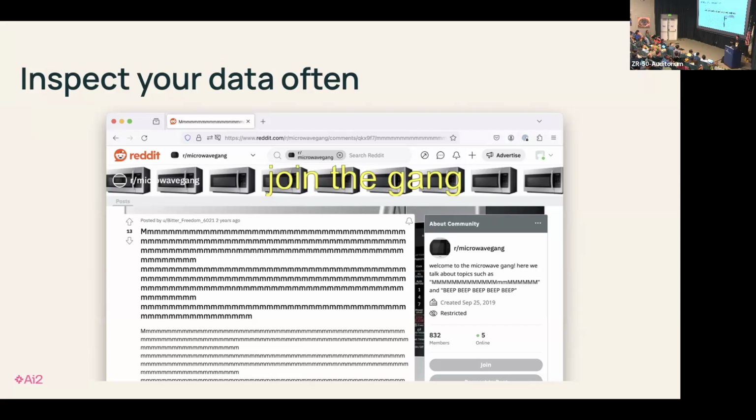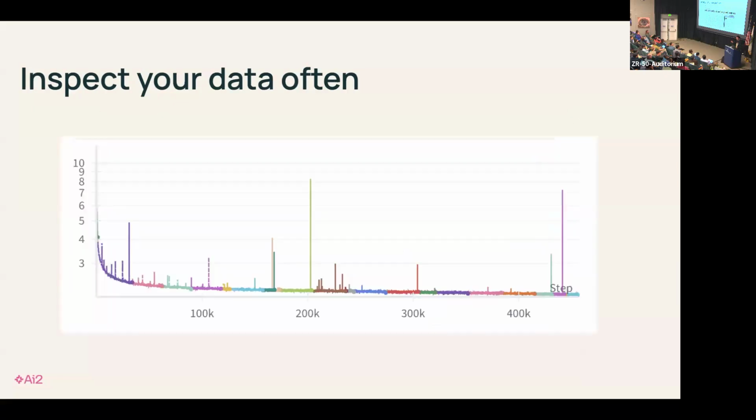This entire subreddit is full of posts of people posting a humming sound, and then all the responses are like beep, because the microwave's done. It's hyper entertaining and people engage with it, but for training it's actually not useful.